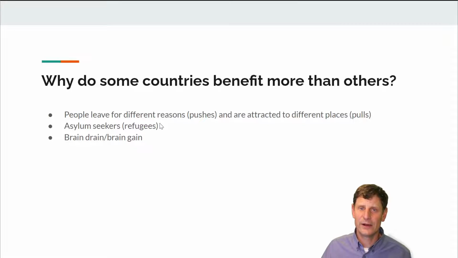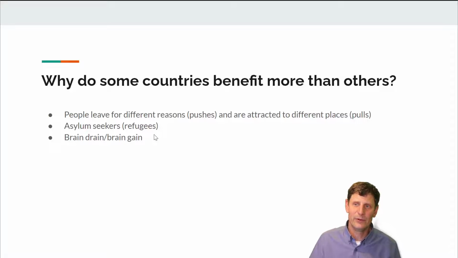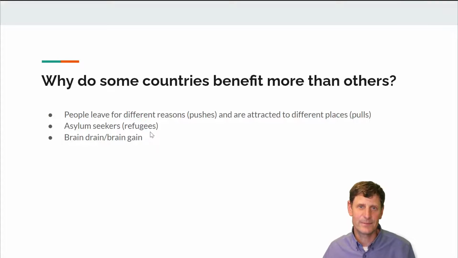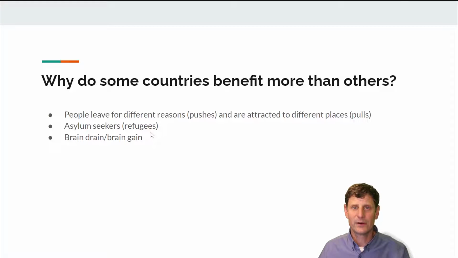An example of this inequality about source region and destination region are people who are fleeing violent conflict or persecution. Those people are called refugees, and then when they come to a country where they are looking for safety, they're called asylum seekers. So they're seeking asylum because they are refugees.